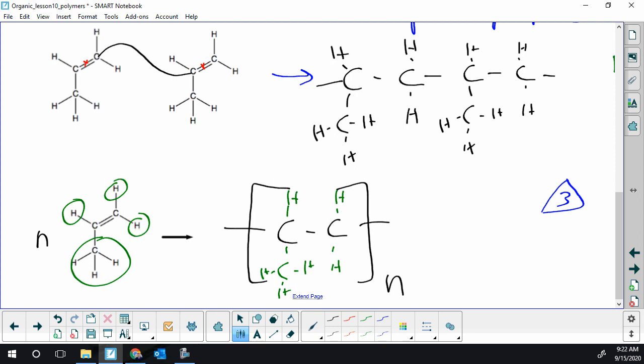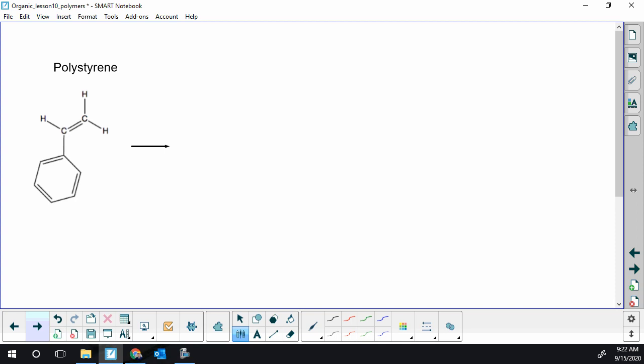So we're not going to go through all of the plastic codes you're used to seeing. We'll do one more, and then I'll just make it a little more complex to wrap up addition, and then we'll move into condensation. So I'm not going to do the two styrenes coming together and then do the repeating pattern. I'm going to jump right into the repeating pattern. n styrene.